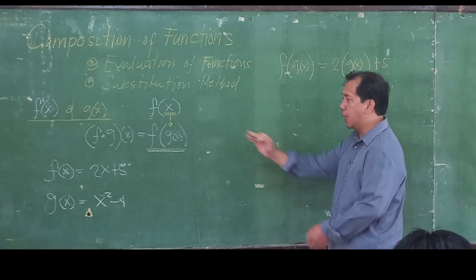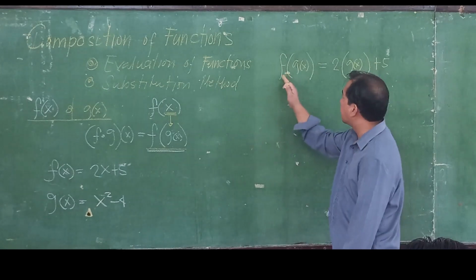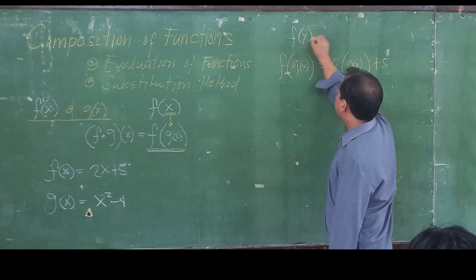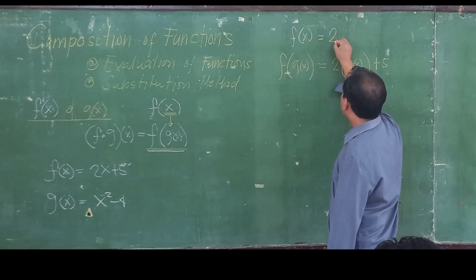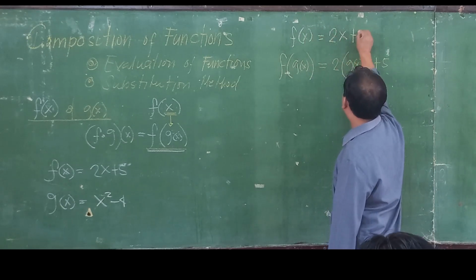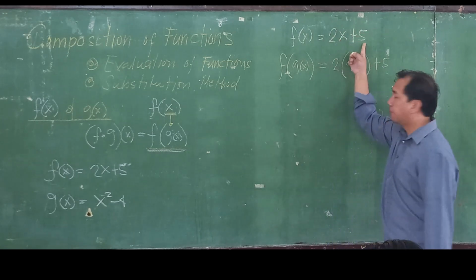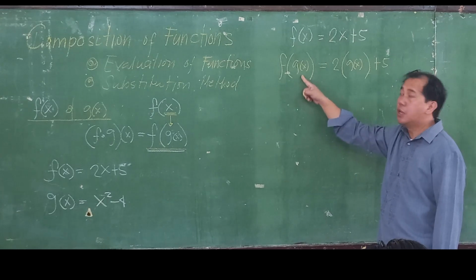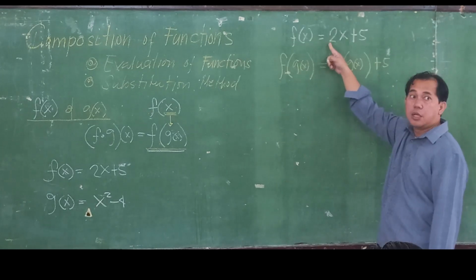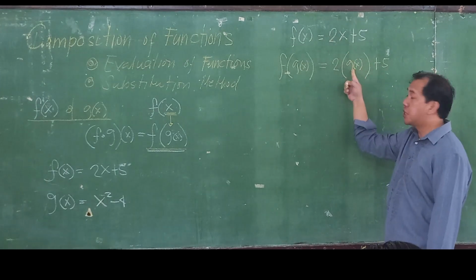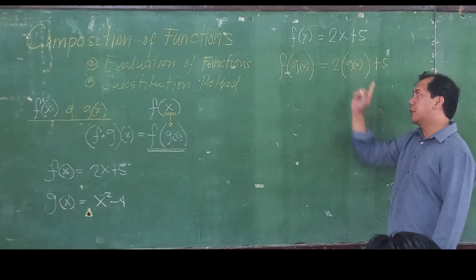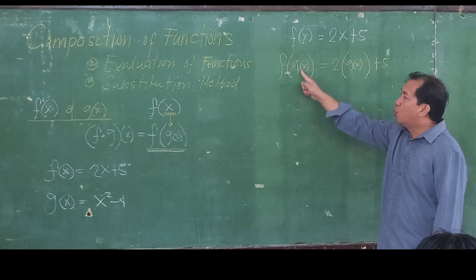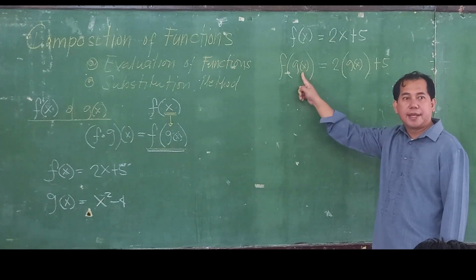Now, let's try to copy the f of x, the outer function. Our f of x is the same as 2x plus 5. What is our x? G of x. What is our x? 2x. Our x is g of x. Okay, next. What is the next thing that we are going to do? We will get the definition of this one.